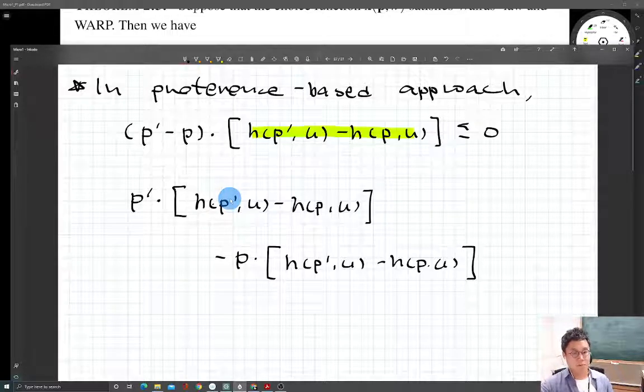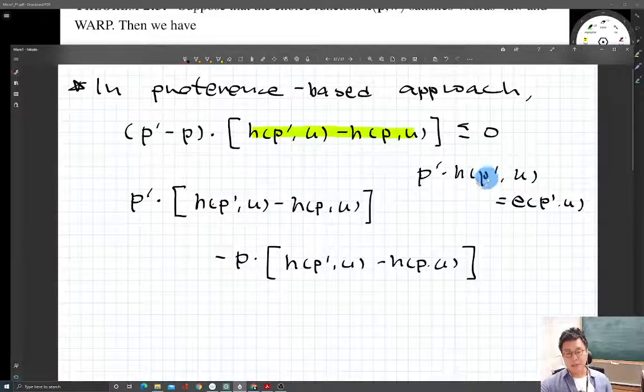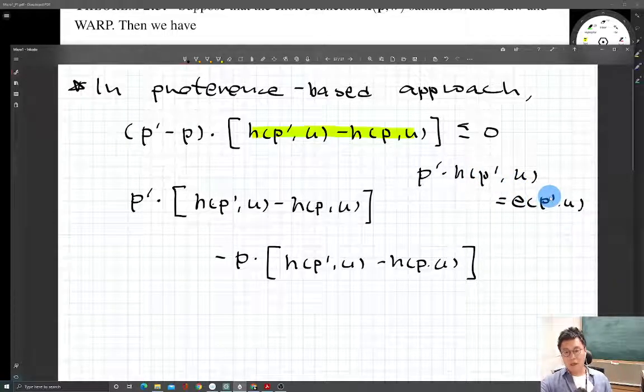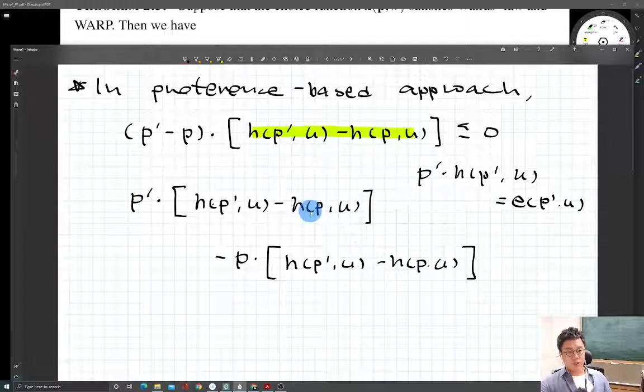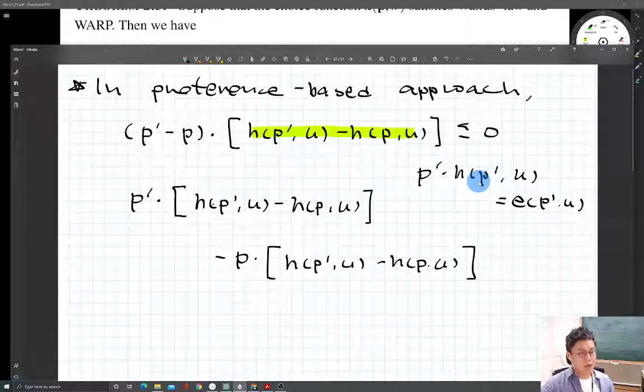P prime dot H of P prime is the minimal expenditure function at P prime and U. It tells us the way of minimizing expenditure under price vector P prime in order to obtain the target utility U. If we compare that with P prime dot H of P, which is another demand schedule, different from this H of P prime, P prime dot H of P will be larger than this expenditure function by definition of the Hicksian demand. So we can say this is negative.